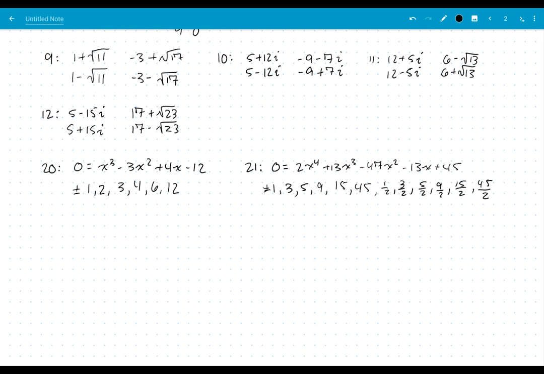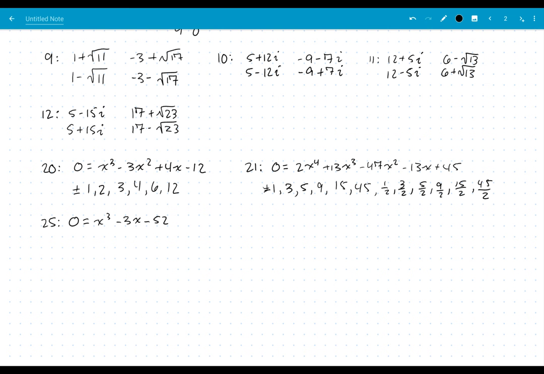All right, for numbers 25 and 27, the instructions are: what are all real and complex roots of the following function? Number 25, our equation, they messed that up. Our equation is 0 is equal to x cubed minus 3x minus 52.